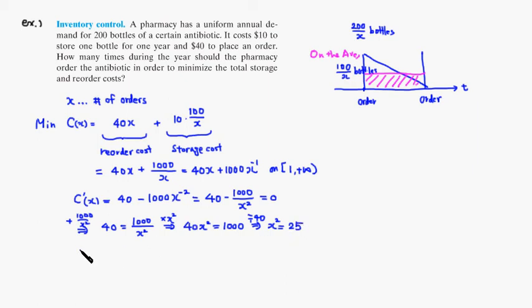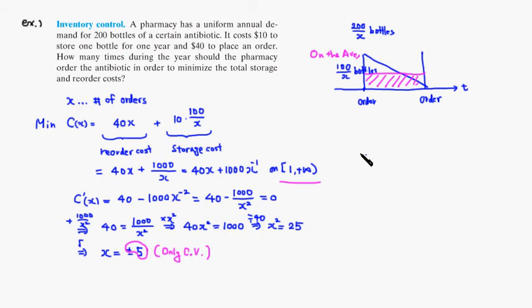Which means that the critical numbers are x equals plus or minus the square root of 25, which is 5. But remember that we're talking about the number of orders, so the negative numbers are not going to be involved. We are just going to look at the positive 5, which is the only critical value on that interval. We think this is going to give a minimum, but we have to make sure.